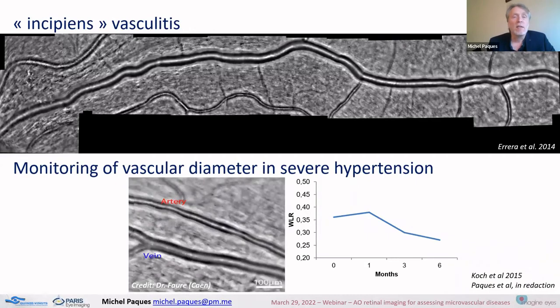So in this case, we see, as we expect, some irregular arteries. But the surprise was to find that if you follow these patients, quite often you can see reversal of these irregularities of arteries.